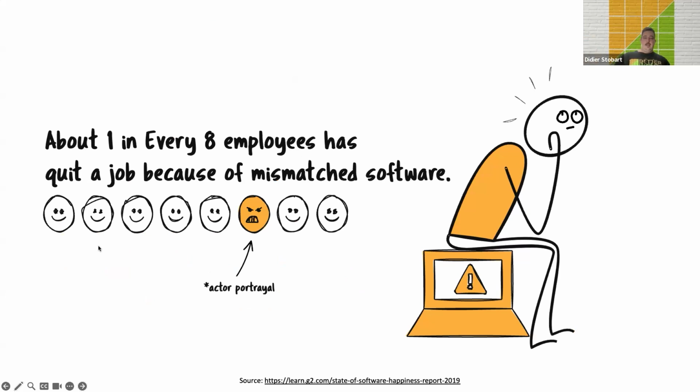Also, to kind of lean into that fact as well, about 1 in every 8 employees has quit a job because of mismatched software. So following on from that half that are unhappy, you've got 1 in 8 people actually leaving a job because of mismatched software. That can be really challenging, especially in this space where you've got volunteer coordinators or volunteer managers that are really, really important to your organization.